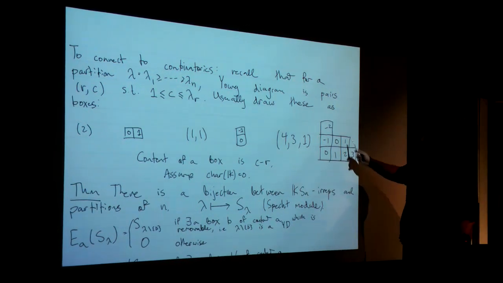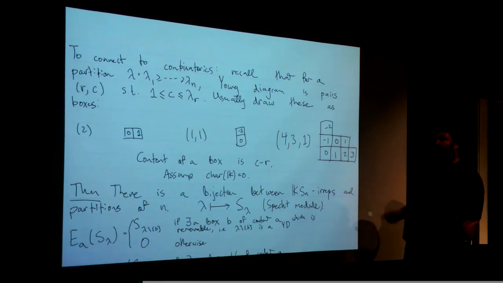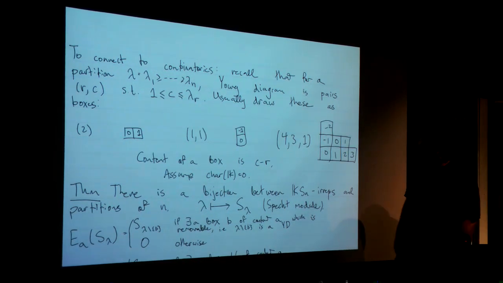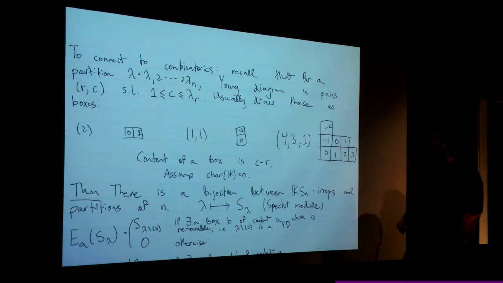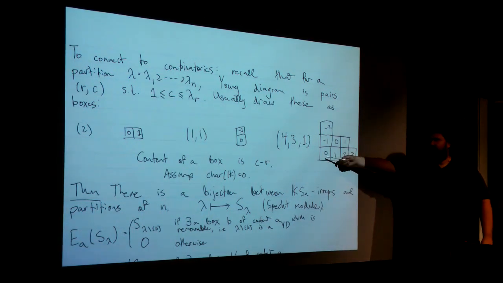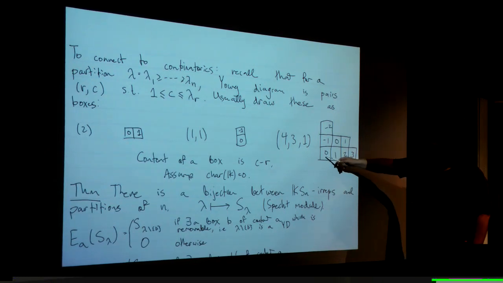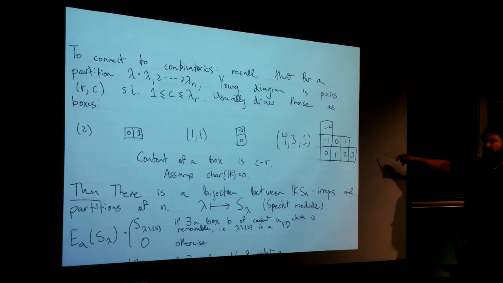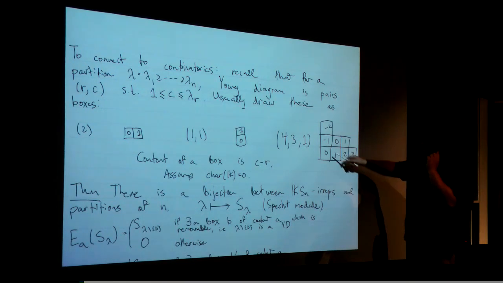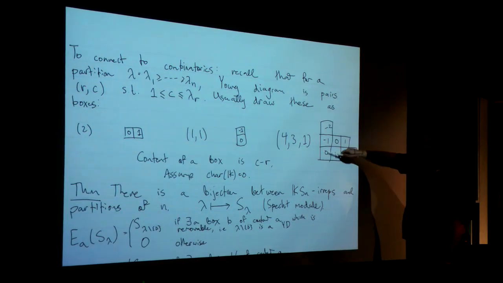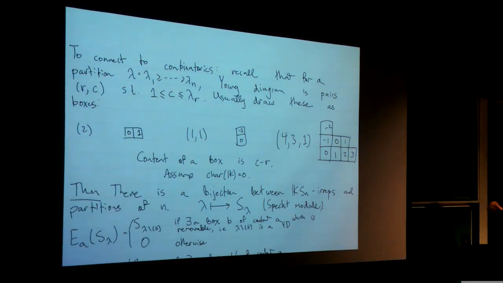And I'm going to be very interested in a property that every one of these boxes has. It has a content, which is what column it's in minus what row. So at the very bottom of my Young diagram, I have a 0, and as I go out, this statistic increases because I've increased the column. As I go up the column, it decreases.